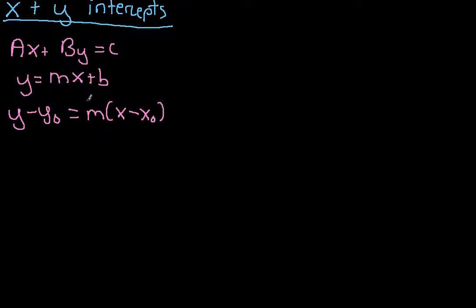The m will become whatever the slope of the line is. We'll talk about how to find that in a second. And x naught, y naught represent two x points. Your teacher might also write this as y sub 1 and x sub 1. They're pretty much interchangeable in both math and physics classes that you'll take.